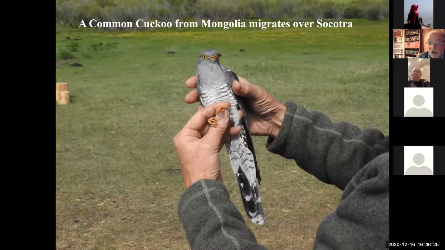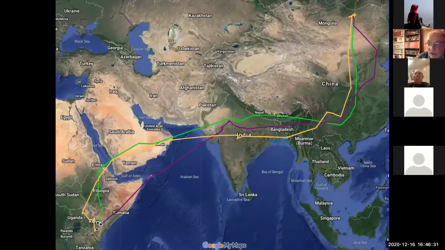Initially, they hadn't got a clue where they were going to migrate to. They thought it was going to be south of Mongolia into Southeast Asia, but no. From Mongolia, they went towards the west, across India, down into East Africa to winter in the Kenya area. And if you'll notice there, one of the lines goes right the way across the island of Socotra.